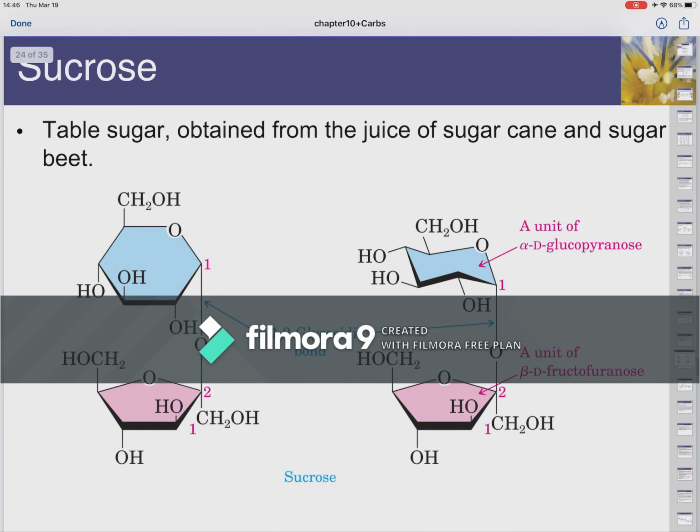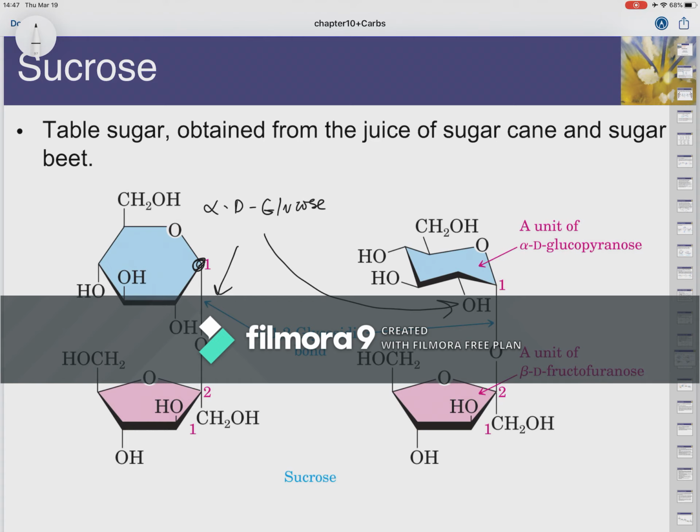All right, so let's talk about the disaccharides. The first up on our list is sucrose. Sucrose is actually made from glucose and from fructose. If we took our ring structures here, we're going to see that this is an alpha D glucose, and we know that because the anomeric carbon has the OH in the down position.